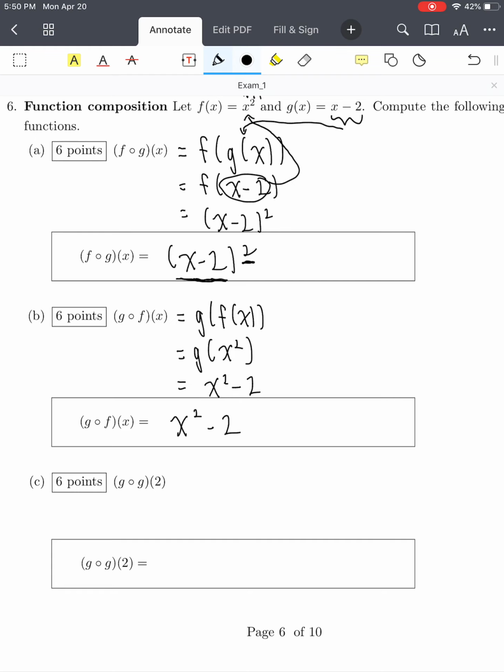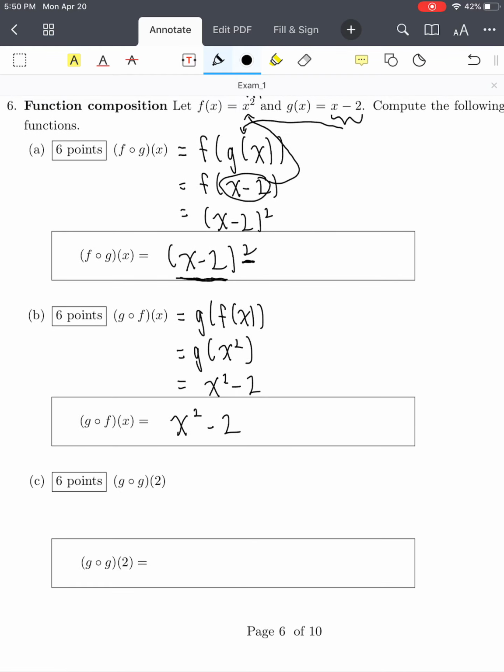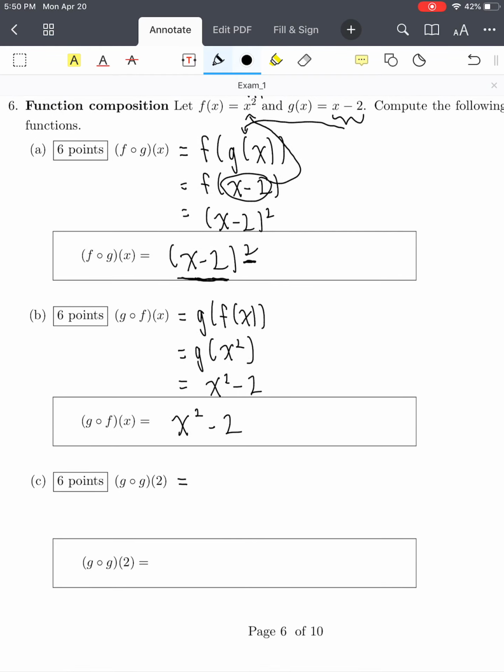Okay, and then g of 2. So that's g of 2. So what happens when you plug in 2 into g of x? That's 2 minus 2, or g of 0.